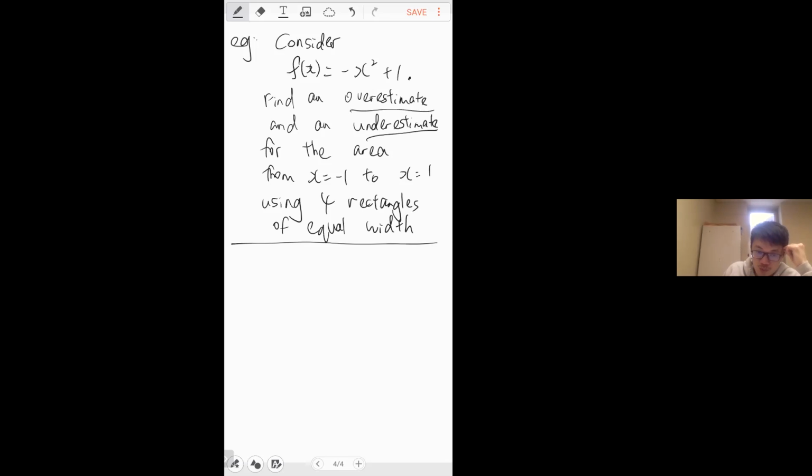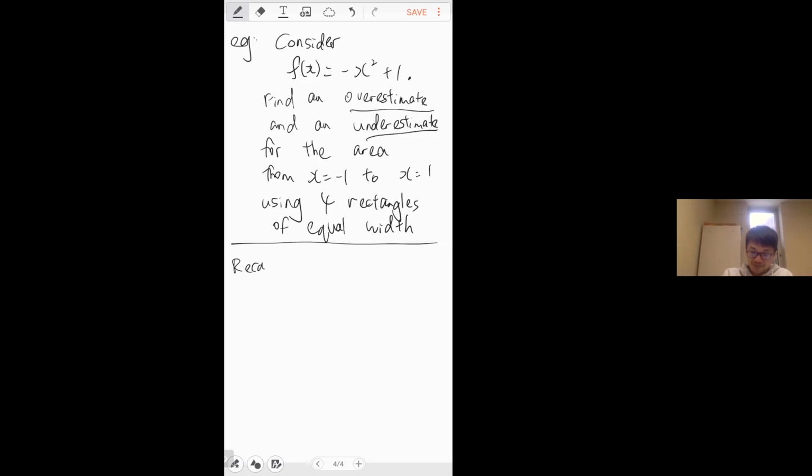It's a parabola opening downward, it's upside down. When drawing a parabola, it's very helpful to draw out the vertex first. Since it opens downward, it should have a highest point.